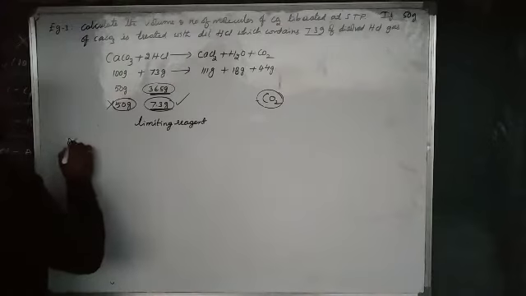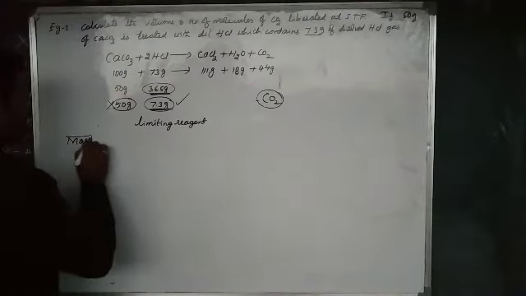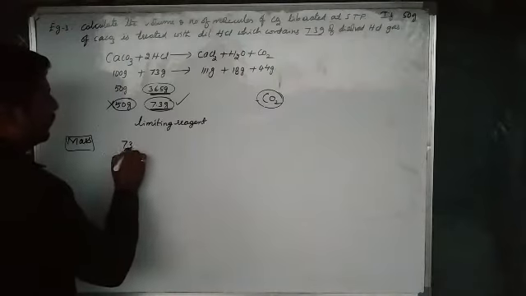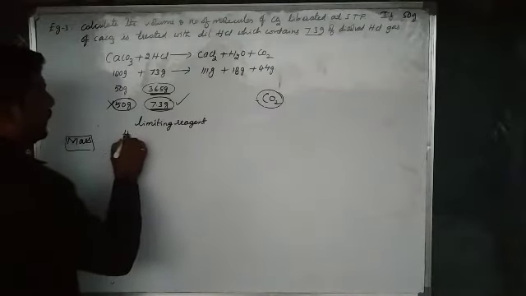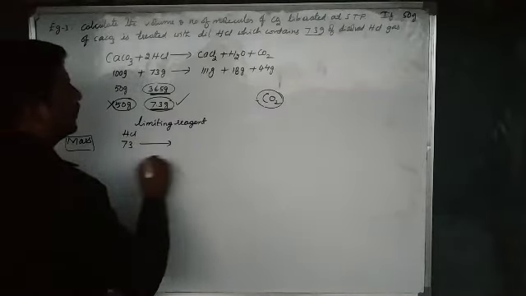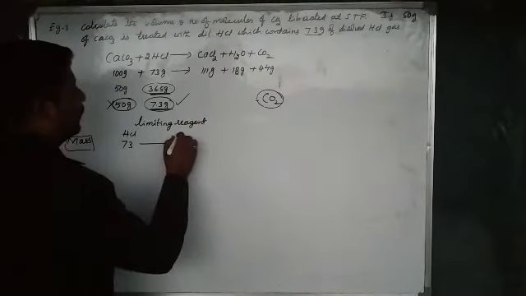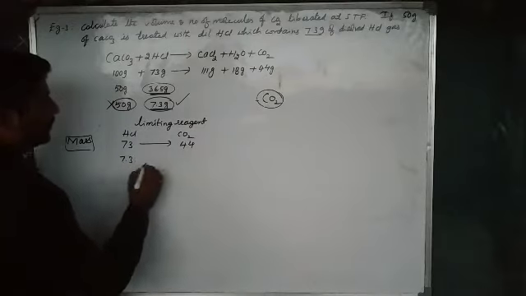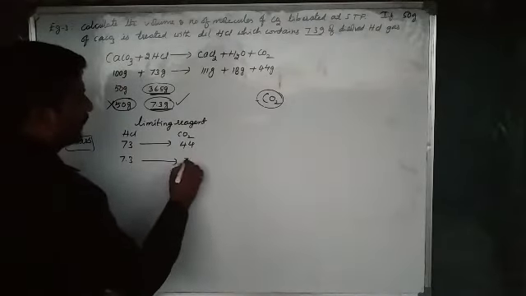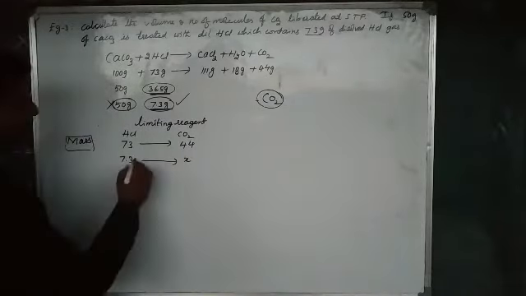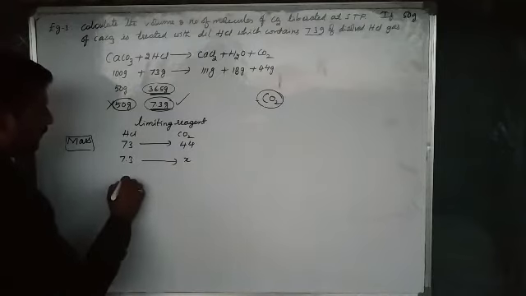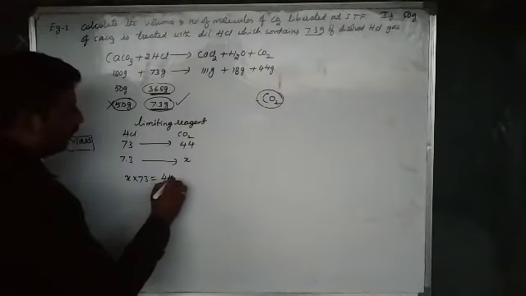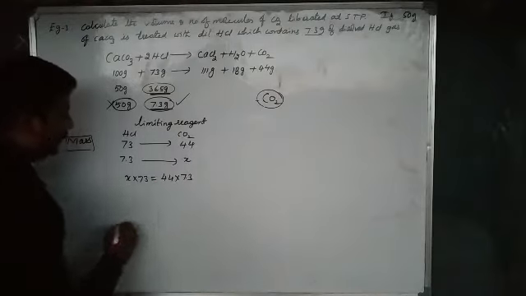First we find the mass of the carbon dioxide. Here 73 grams of HCl gives 44 grams of carbon dioxide. Now 7.3 grams of HCl gives X grams of carbon dioxide. By cross multiplying, X into 73 is equal to 44 into 7.3.